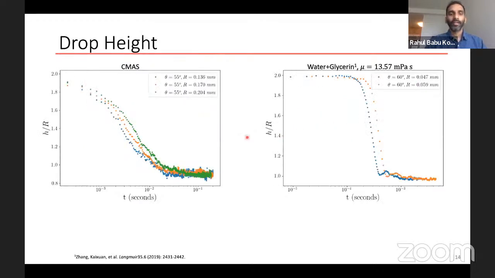We've also looked at the drop height of sea mass, and we see that the transition is very smooth between the initial position and the final position. And we can compare this to a very low viscosity fluid to see the impact of viscosity on the spreading behavior.